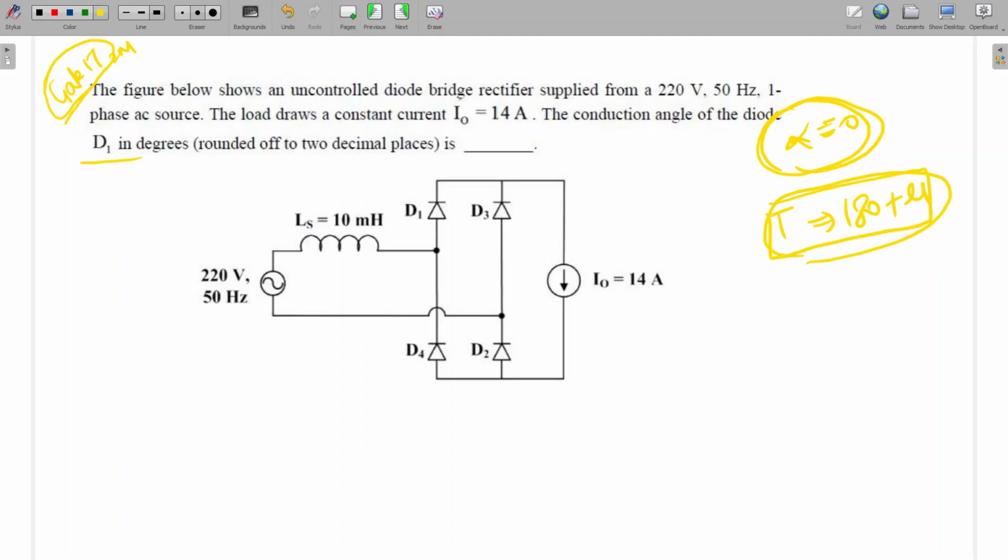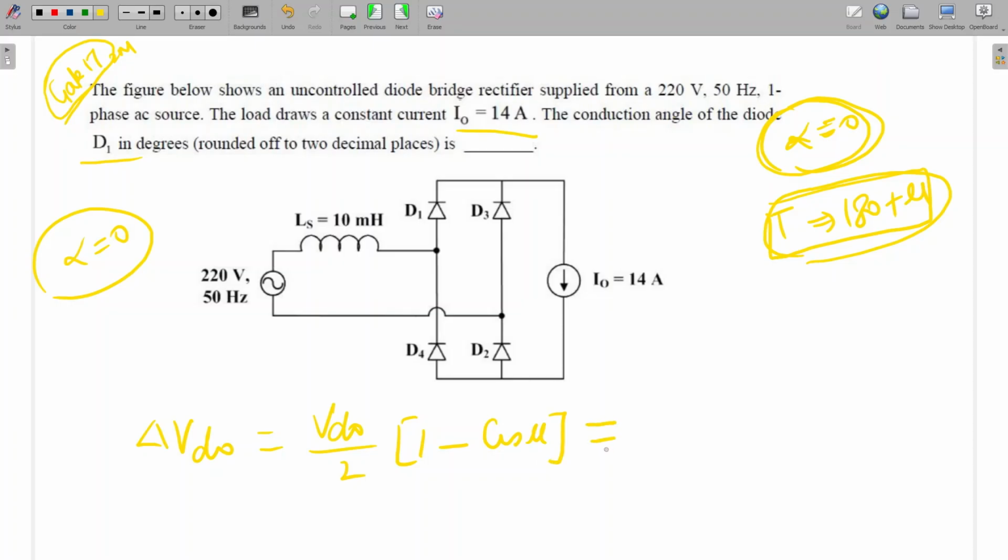Okay, so see what information is given. Here 220 volt, 50 hertz, single phase, and I naught is given. We need the angle of diode D1 in degree. Alpha will be 0 degree. So delta VD0 will be equal to VD0 by 2 into cos alpha, and since alpha is 0, 1 minus cos mu.